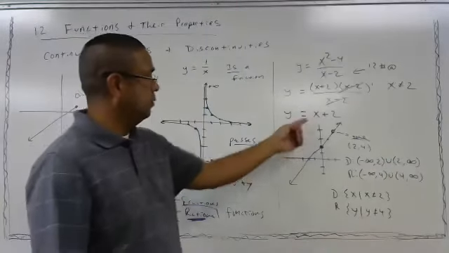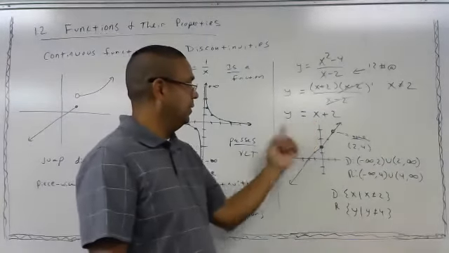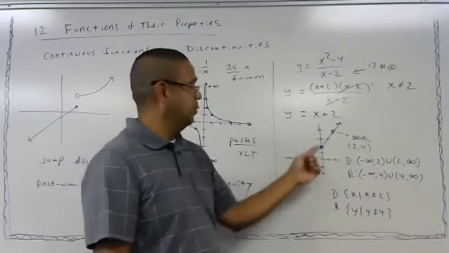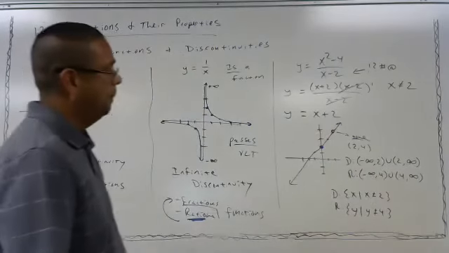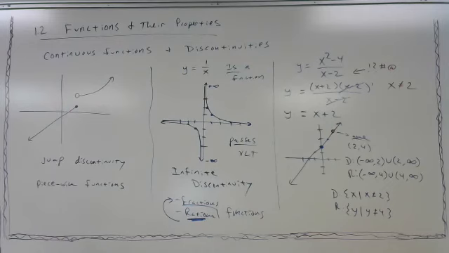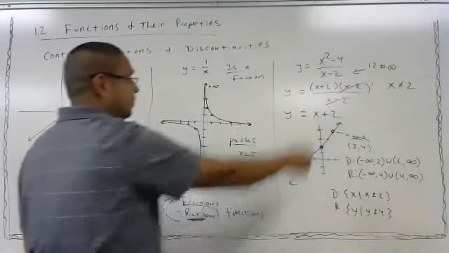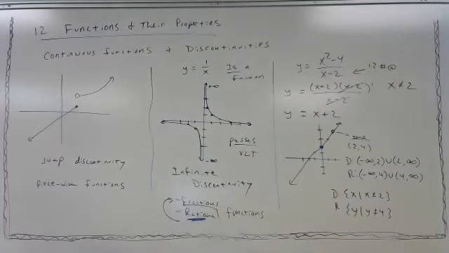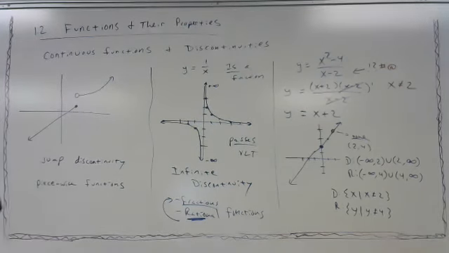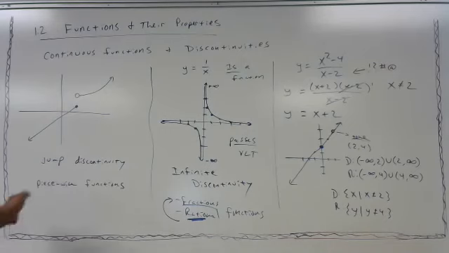Now I showed you if x was 2, 2 plus 2 is 4, then 4 would be the value of the function. So the range, it can't be 4. There's no way this will ever equal 4. So hopefully that answered your question. Good questions. Any other questions on this?